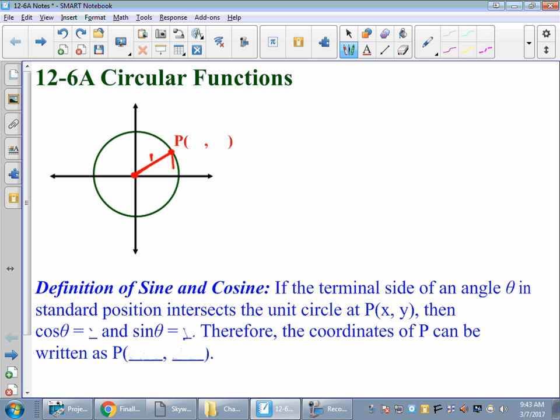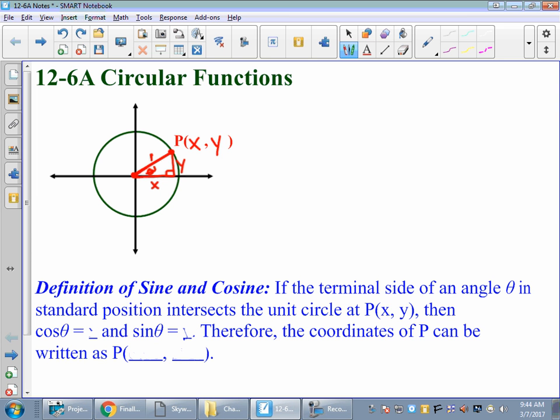If I were to make an actual reference triangle with that point P and call it theta, the amount that this point goes over would be the adjacent side to that angle, and the amount that the point goes up would be my opposite side. And so my x and y coordinates of this point end up being the side values of that right triangle.